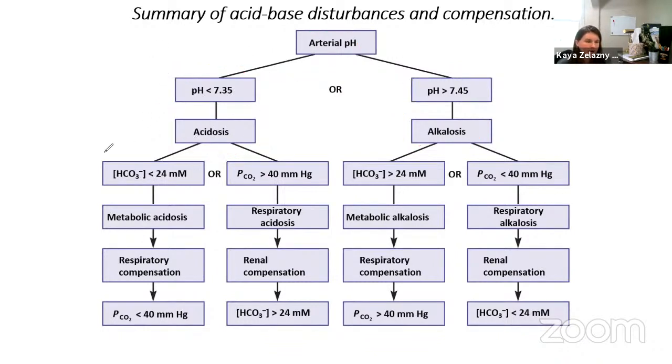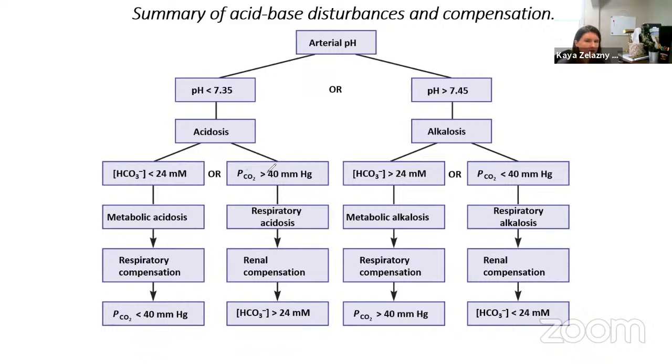Now, the next part of this chart breaks down how we would identify whether the cause is metabolic or whether the cause is respiratory. We can determine that at the initial state by measuring the bicarbonate and the CO2, right? We're doing this because we're trying to figure out whether it's actually carbon dioxide, this gas that acts as a biologic acid, that's the problem. If the problem is the carbon dioxide, this means we are in respiratory acidosis.